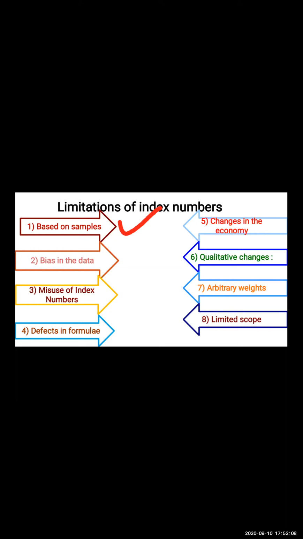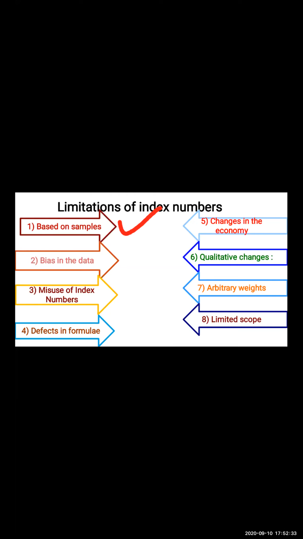If we are not able to collect the proper information about the commodity, collect information from the correct group of people, yes, we will not get the proper answer. So that means if we are not collecting the proper sample, we will be having errors.